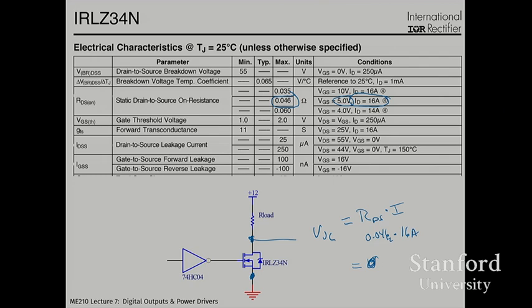When we take that product, that's less than 0.7. So if we're comparing the IRLZ to the DS3658, this thing delivers more than 10 times more current without any more output voltage increase. So it's a very capable device, delivers a lot of current with a fairly small voltage drop across the device.